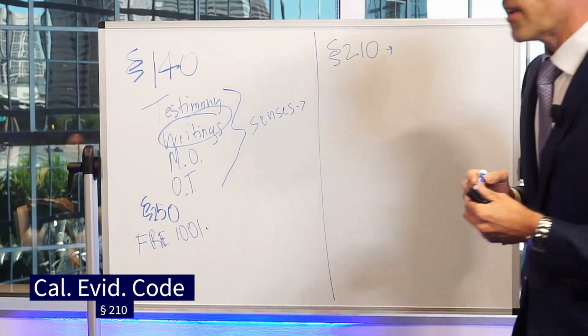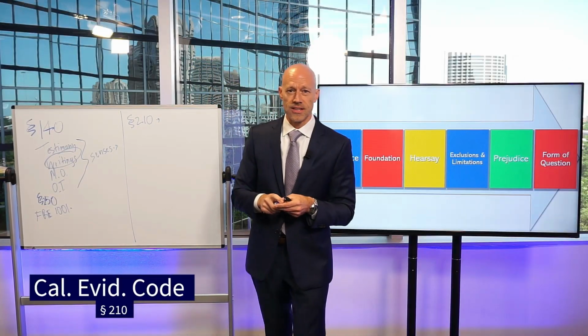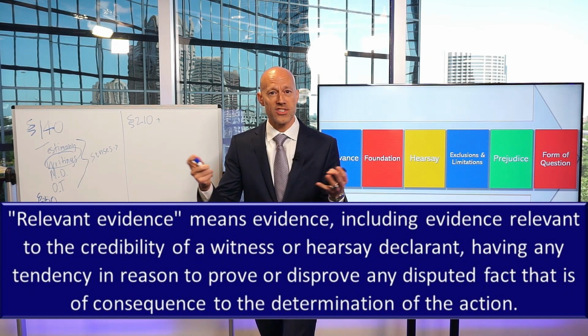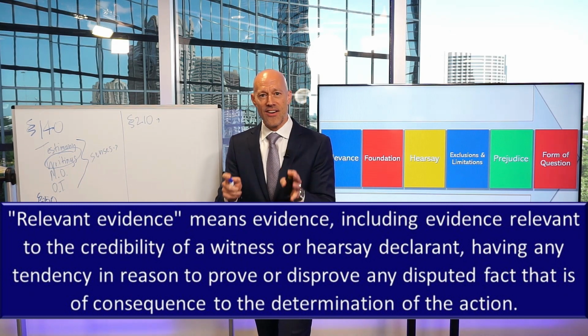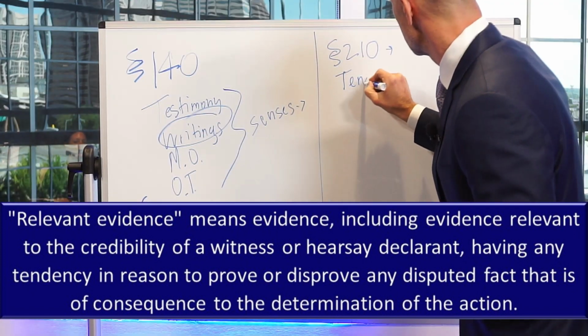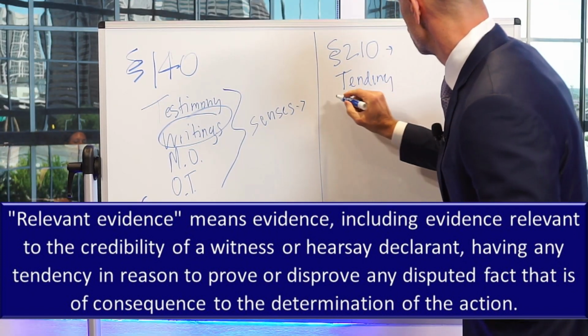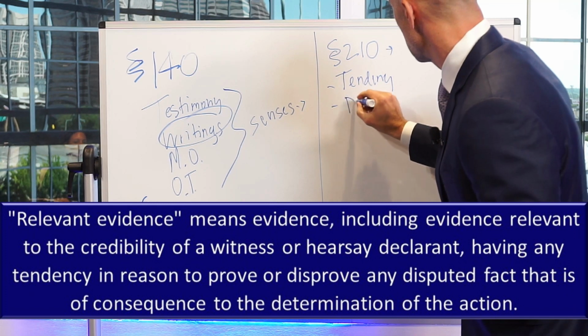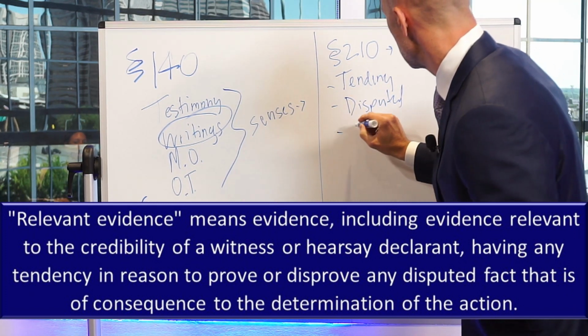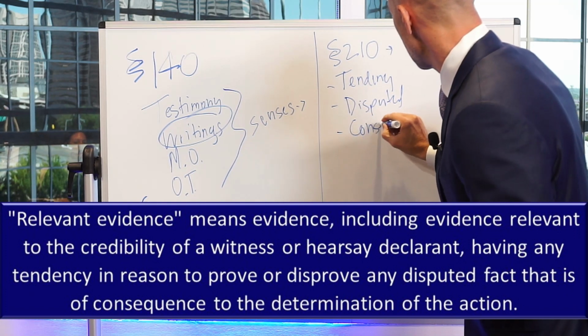And it defines relevance as evidence that goes to the credibility of the witness or hearsay declarant, and evidence that has any tendency in reason to prove or disprove a disputed fact that is of consequence to the action.